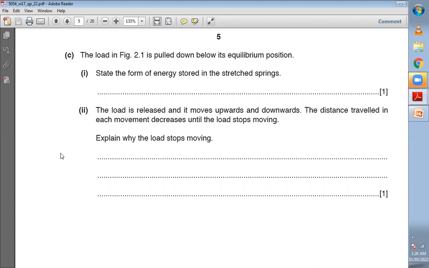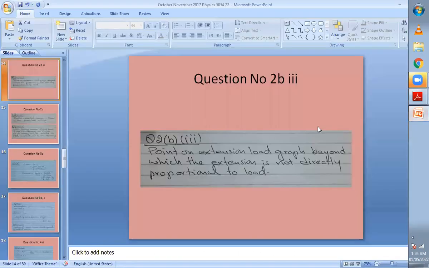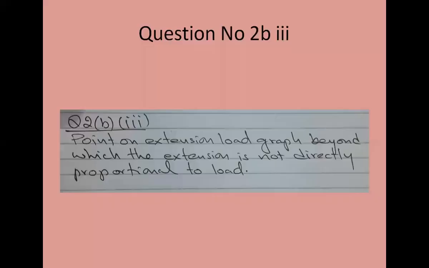So the heat energy, thermal energy, which went into the surrounding is a loss of energy. It cannot be recovered. So as the spring is vibrating, it's losing energy in the form of thermal energy to the surrounding. So ultimately what will happen? It will lose all its energy and it will stop vibrating. So let me show you my written answer.